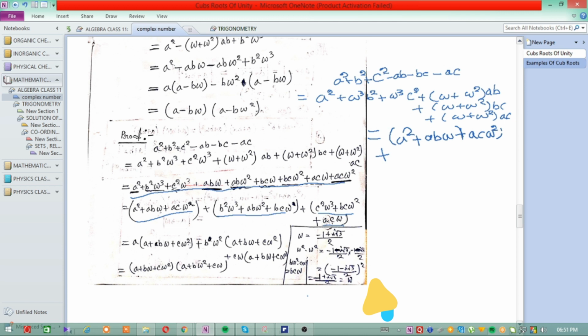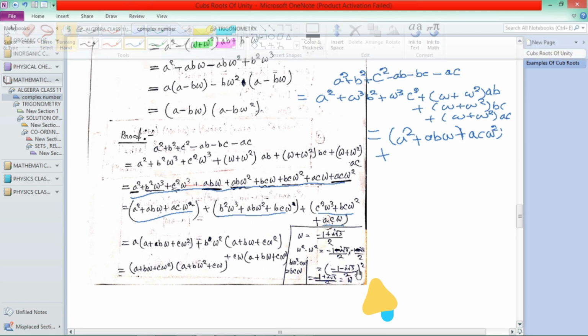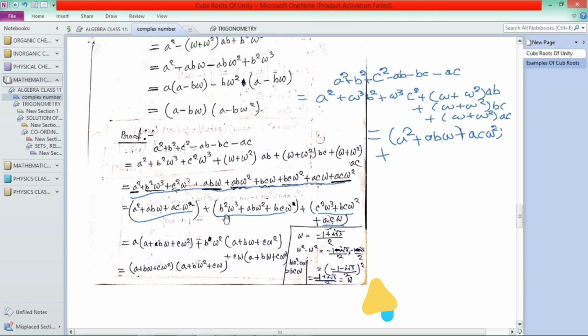In this way we can separate the other two terms also: a square omega plus ab omega square plus bc omega, and here I put common a, and here common b omega square, and here common c omega. So you can see this result, and this equals (a plus b omega plus c omega square) into (a plus b omega square plus c omega).